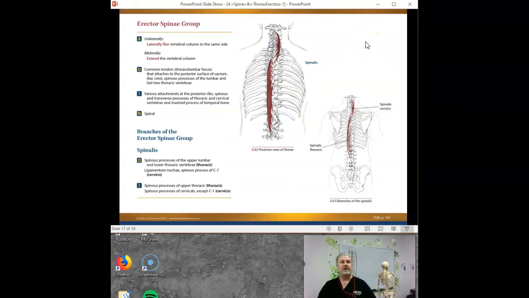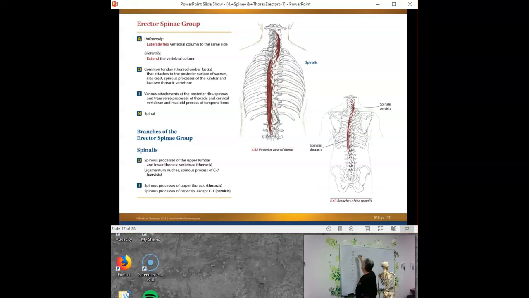Let's talk about them a little bit more. As an entire group, the picture you are looking at now on my slide, which is, I think, page 197 in your book, is very confusing. I do not like what they've done at all. They've shown you half of the spinalis.